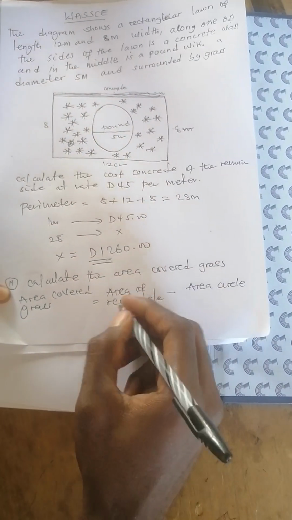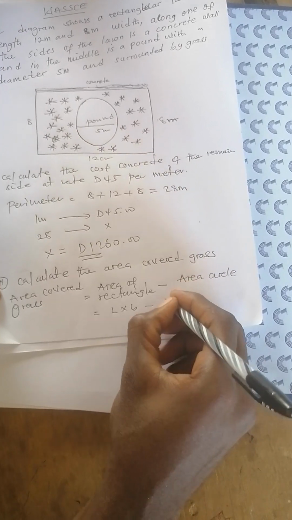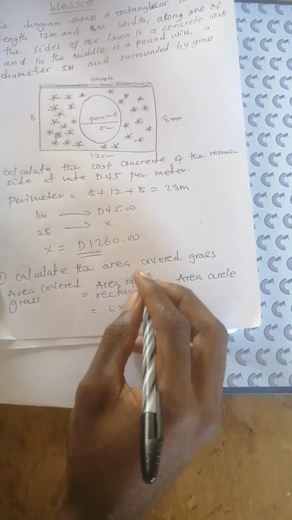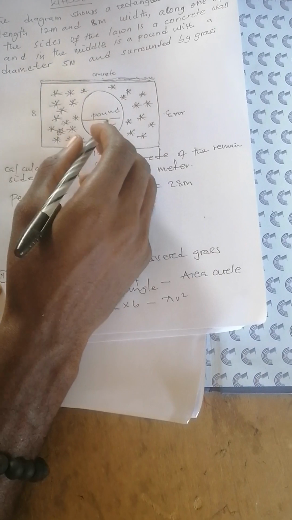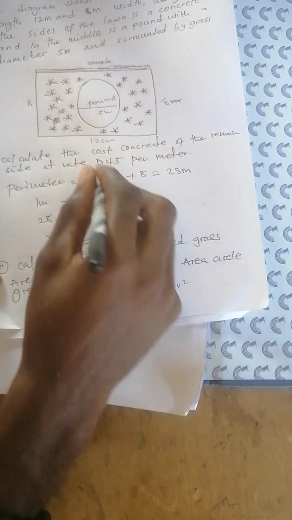The area of the rectangle is length times breadth, and the area of the circle is pi r squared. The diameter is given as 5 meters, so the radius is 2.5.